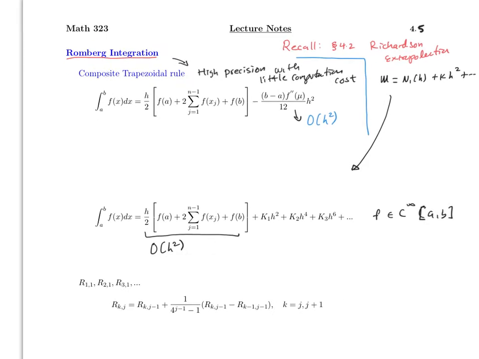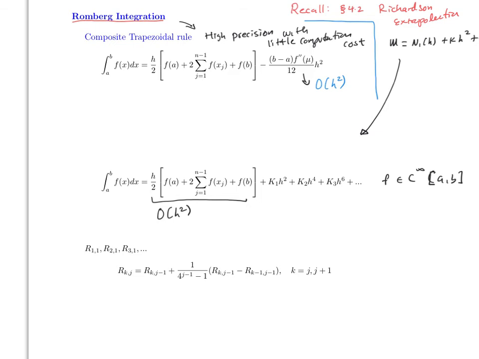We will be using the following notation: R11, R21, R31. From section 4.2, this is equivalent to the N1 of h that we used before. So the question is, what is R11, R21, and so forth?